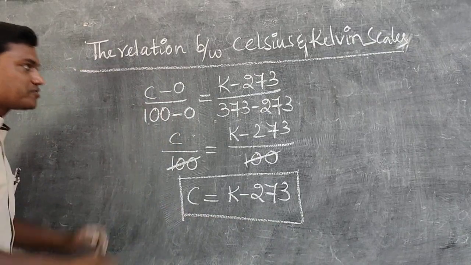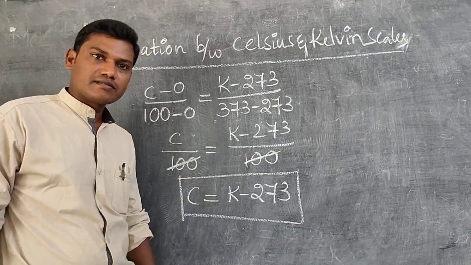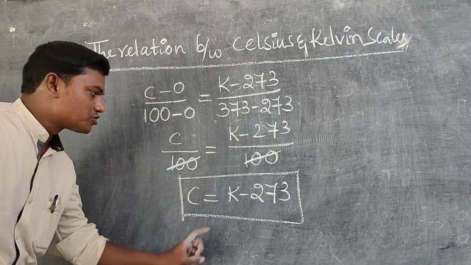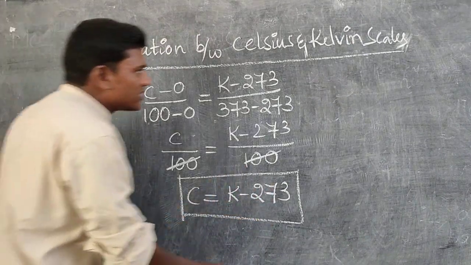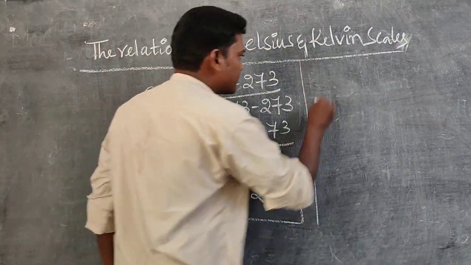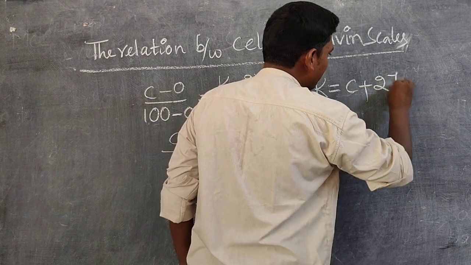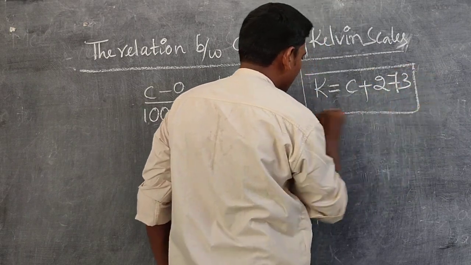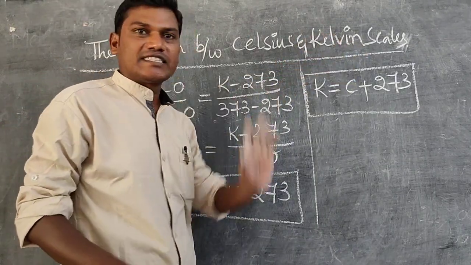This gives the relation between the Celsius scale and the Kelvin scale, meaning C equals K minus 273. And from this we can also write K equals C plus 273.